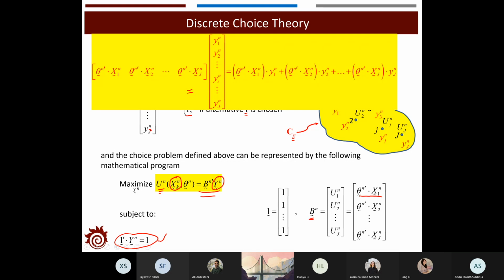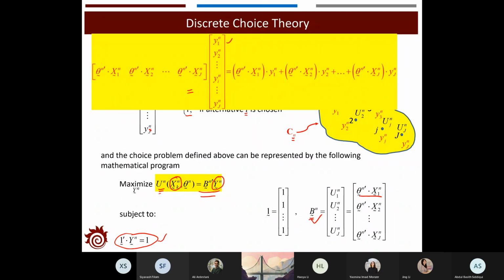If we check the equation that we defined for Bn, which is theta times x1, theta times x2, and so on, and times y, which will be the decisions of the individual with respect to different modes, that will be y1n, y2n, and yjn, and so on.